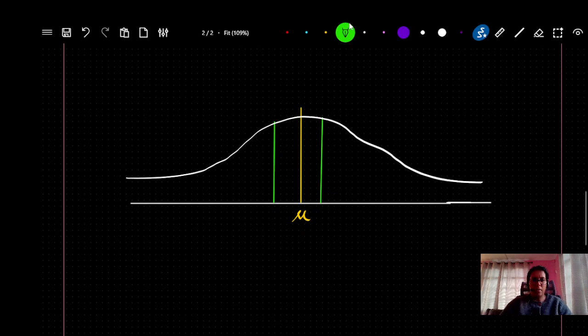Here it would be mu plus 1 sigma, right? Standard deviation is sigma. Here it would be mu minus 1 sigma, right?